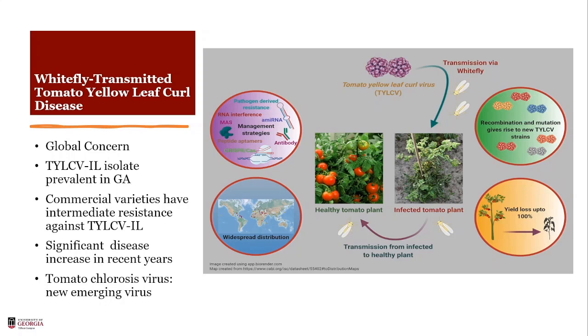But the most effective management strategy is either using host resistance, a resistant cultivar in our cultivation, or trying to avoid whitefly. All the cultivars commercially available at this point have intermediate resistance against tomato yellow leaf curl Israel isolate, which is more prevalent in our region.